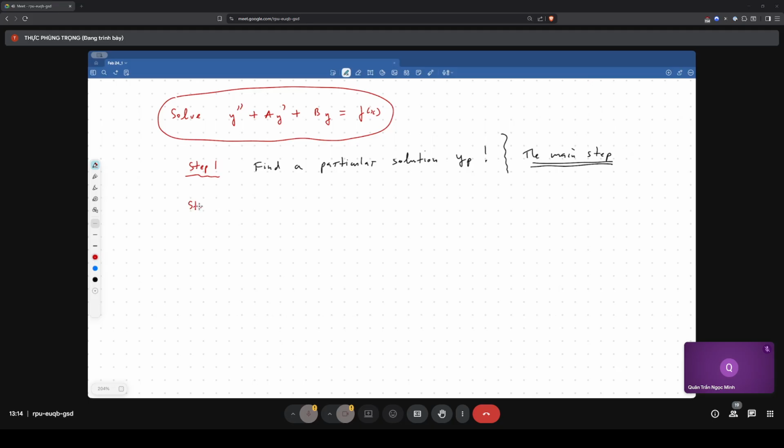Step two, all solutions are y is just yp plus u. What is u? Where u is from the homogeneous equation.